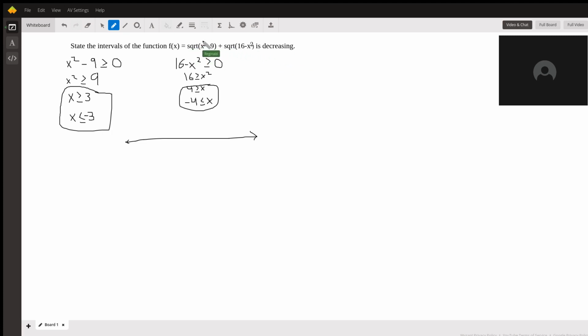If it doesn't exist within the interval, then it's not differentiable in the interval. So we're actually going to save ourselves time. So it's closed at -4, -3, +3, and +4.